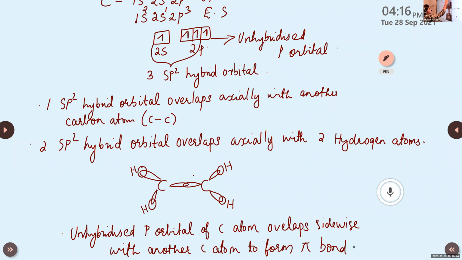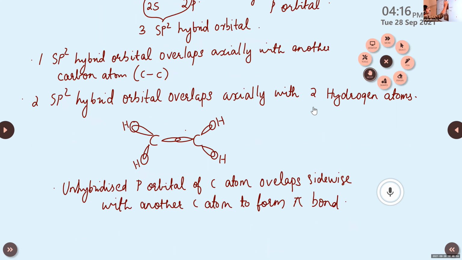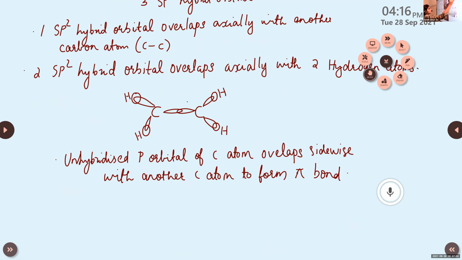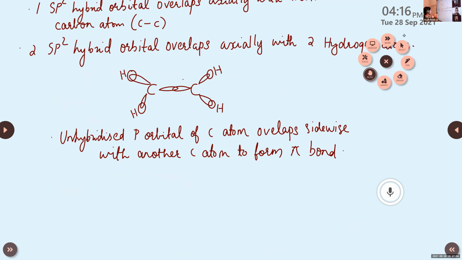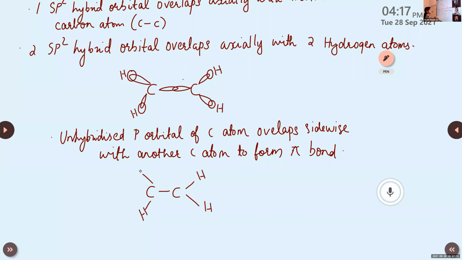Okay, then we can draw the structure of this sidewise overlapping also. So already a single bond is formed between the two carbon atoms and hydrogen atoms, right? This will be the structure after the formation of the sigma bond. Okay, then there will be an unhybridized p orbital in each carbon. It can be represented like this.